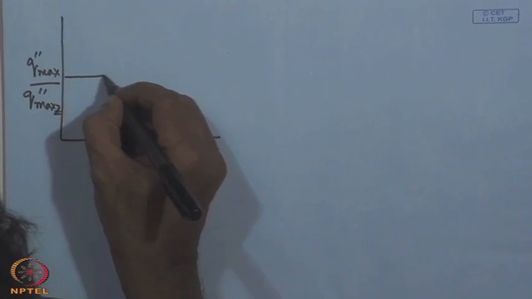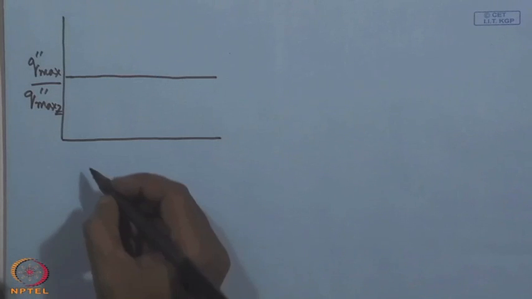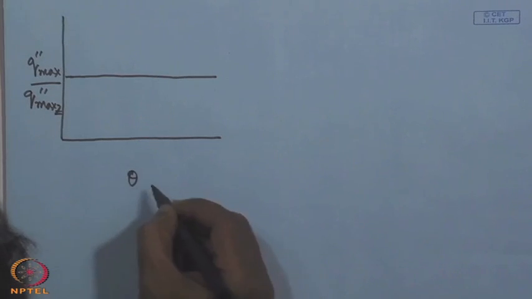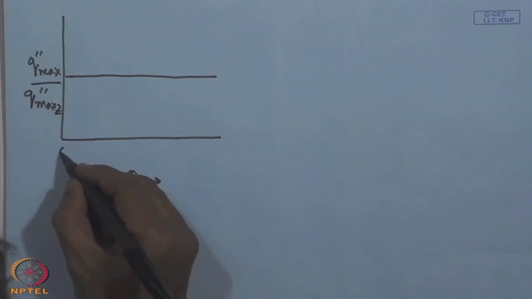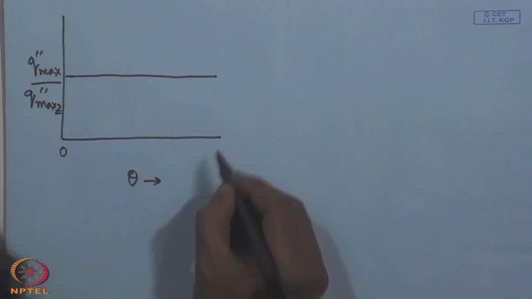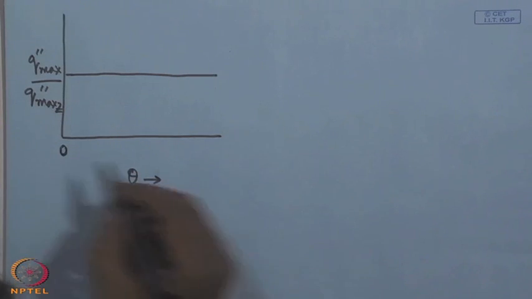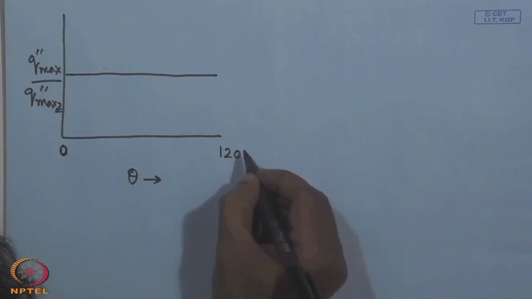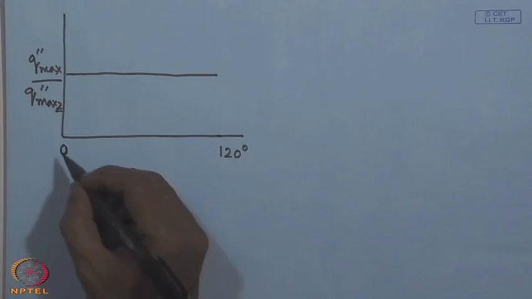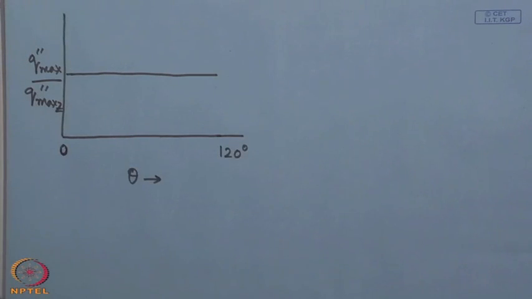The classical theory is independent of the contact angle, which is theta. Let us say we are thinking of a variation of contact angle from 0 to 120 degrees. That means highly wetting to highly non-wetting type of contact angle.